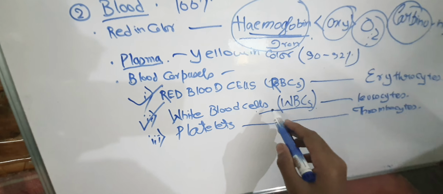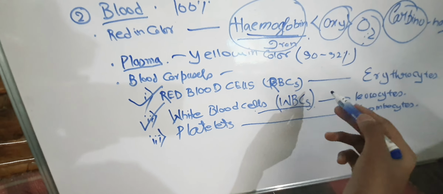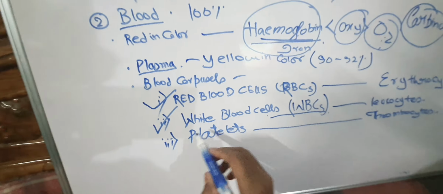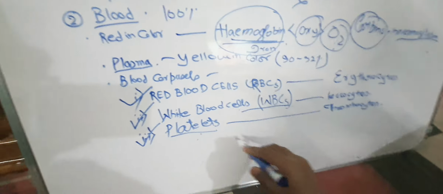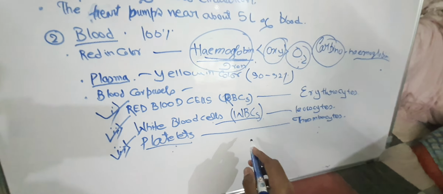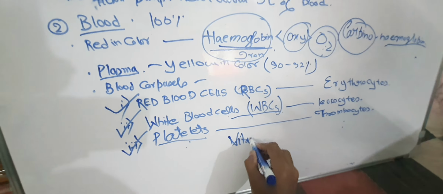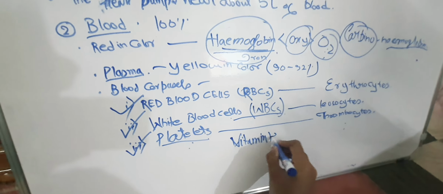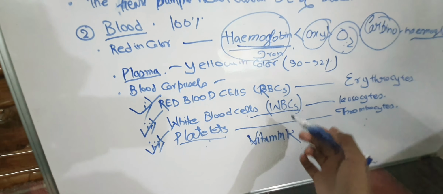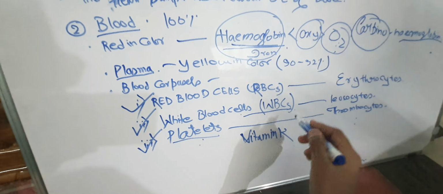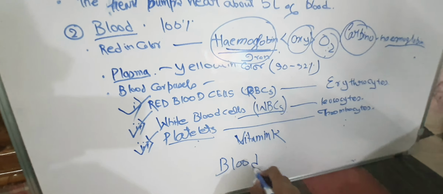Then platelets, also called thrombocytes. These contain vitamin K. It is a vitamin, but it also contains a mineral in it, which helps in blood clotting.